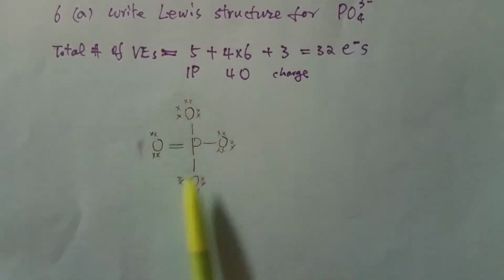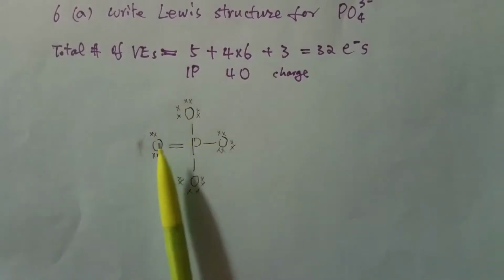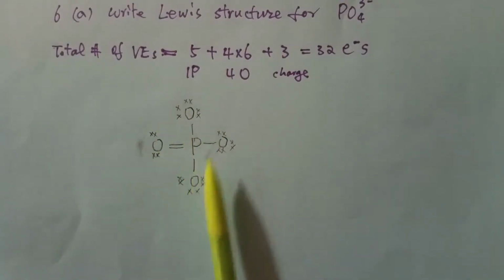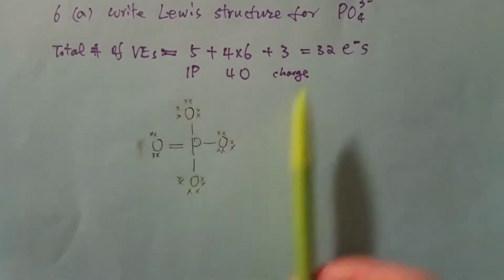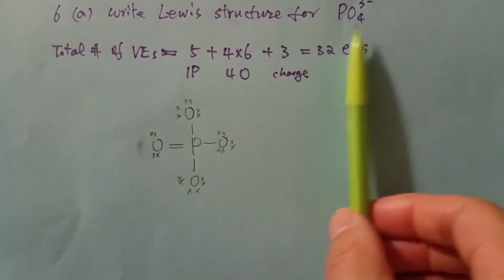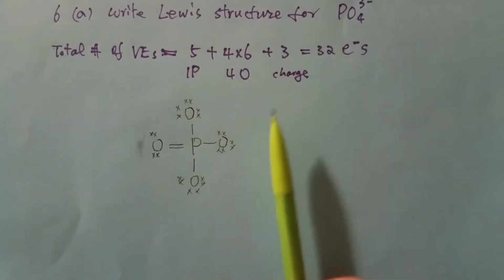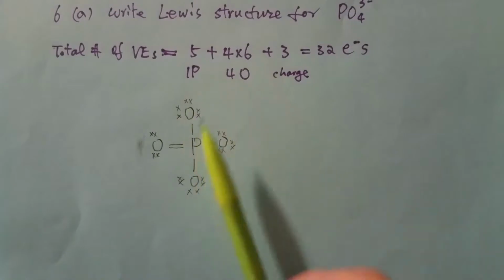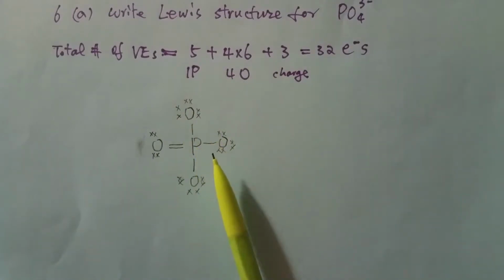You can calculate the formal charge for each item in a molecule, or in this case a polyatomic ion. According to the formal charge values, we can determine which structure is more stable.